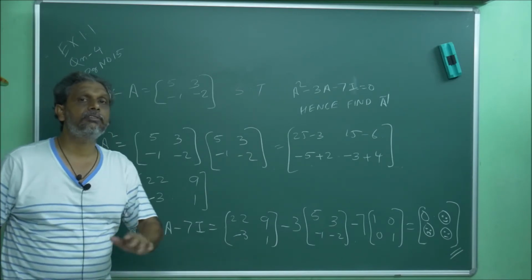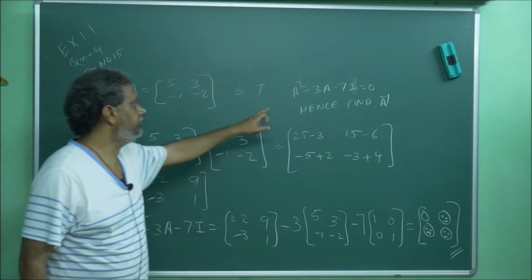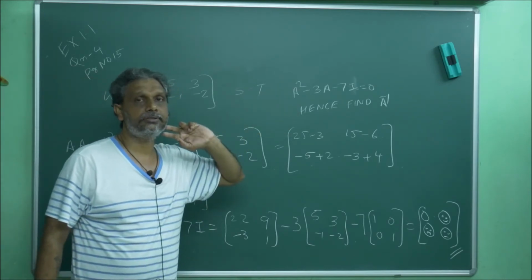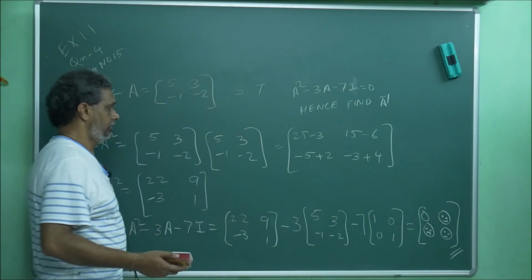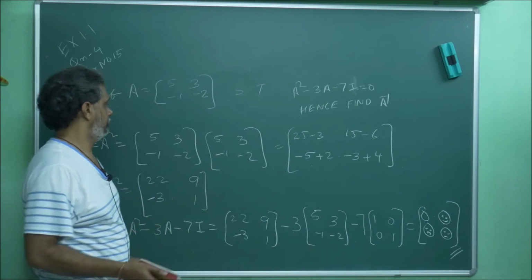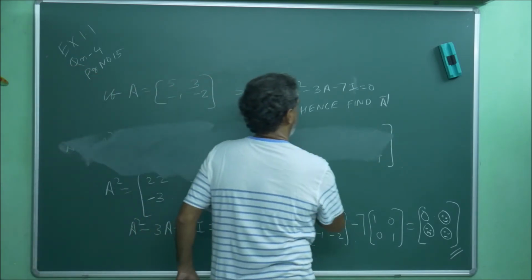Using this result, I want to find A inverse. So, A inverse means what? From this equation, I want to get A inverse. So, how will I do it? Wait. First part proved. Now, to prove the second part, oh, so much dust.